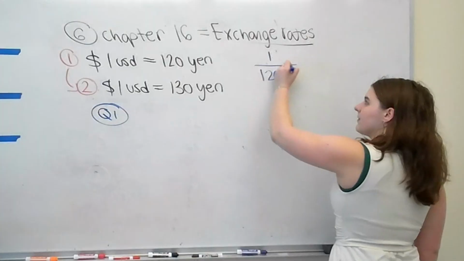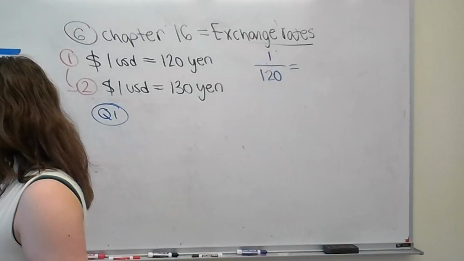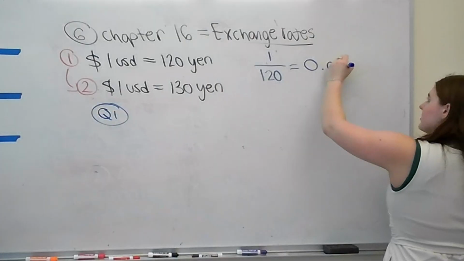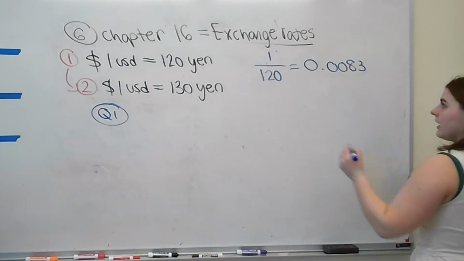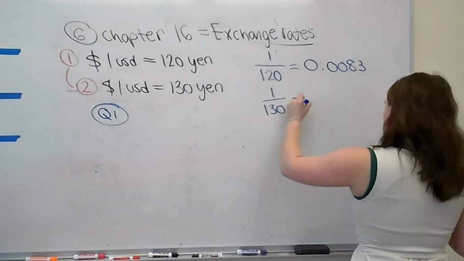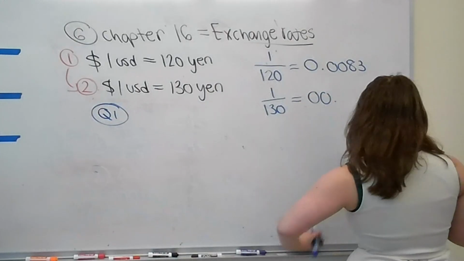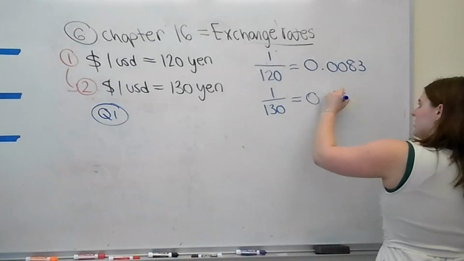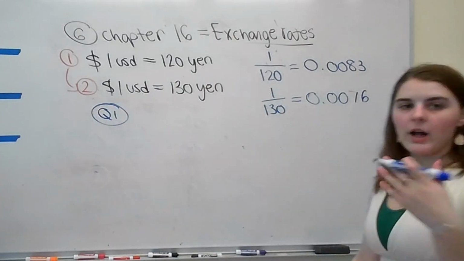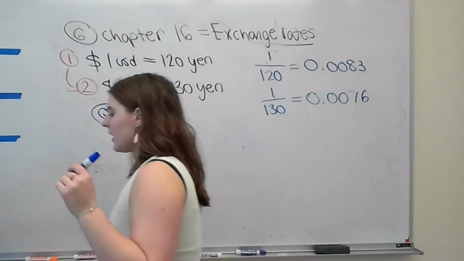So 1 over 120 is about 0.0083, and 1/130 is about 0.0076.